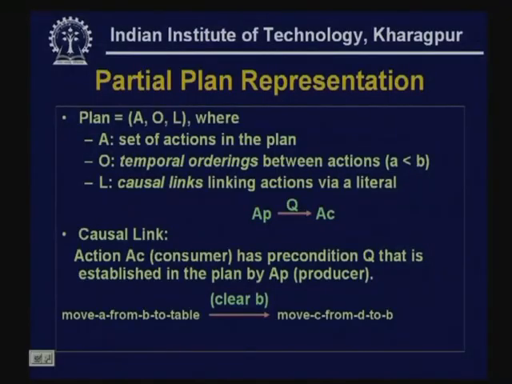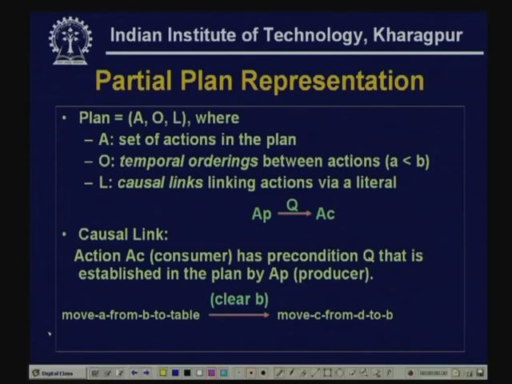Now, let us see how we represent the partial plan in the POP framework. A plan is represented by a 3-tuple A, O and L, where A is the set of actions in the plan, O is the set of temporal orderings between the actions, A less than B means A must be executed before B can be executed, and L is a set of causal links linking actions via a literal.